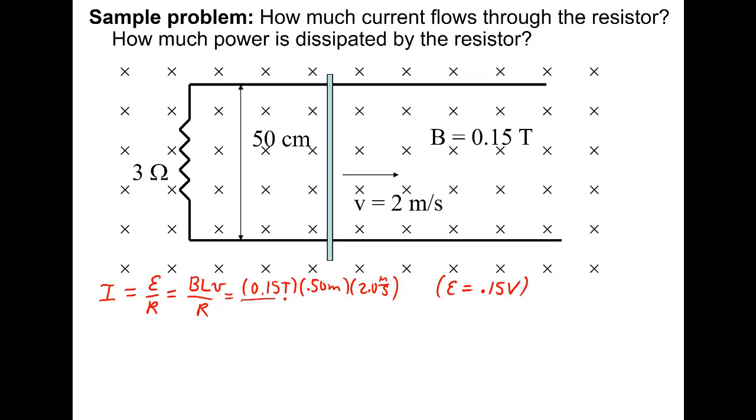Okay, we'll need that a little bit later. And the resistance is 3 ohms, so that means that the current is 0.05 amps.